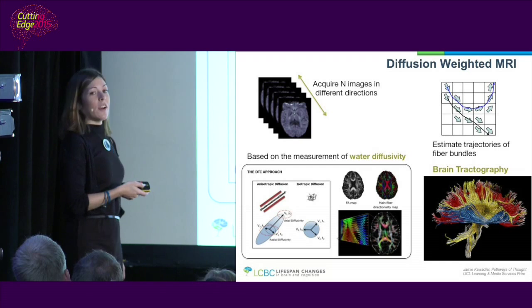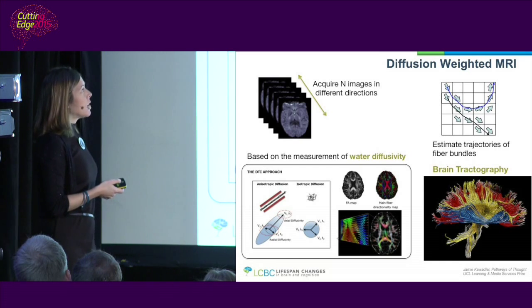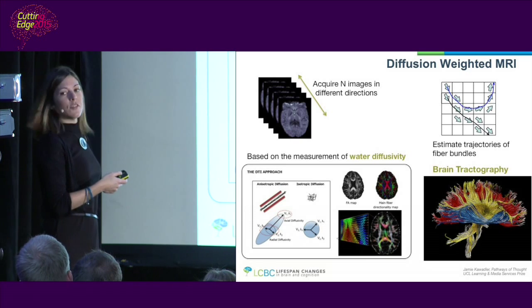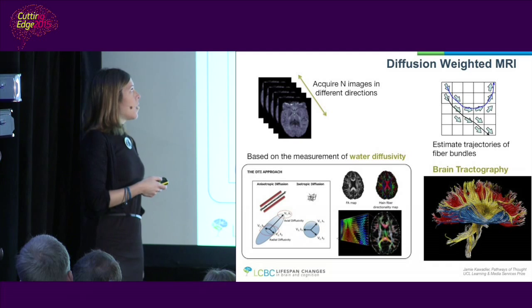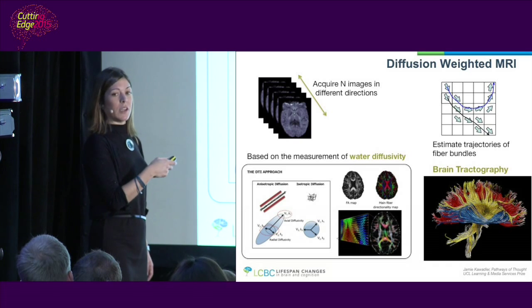We have another kind of MRI, which is the diffusion-weighted MRI. Using diffusion-weighted MRI, we can acquire a set of images which look at the diffusion of the water in different directions inside the brain.